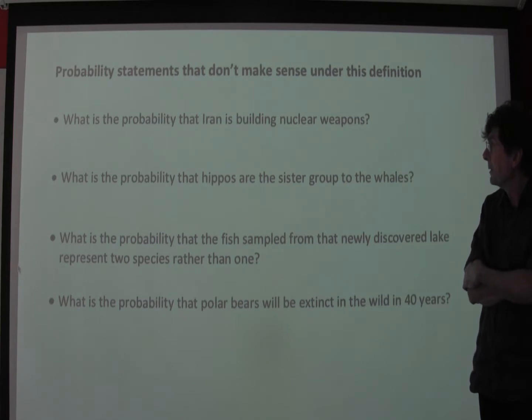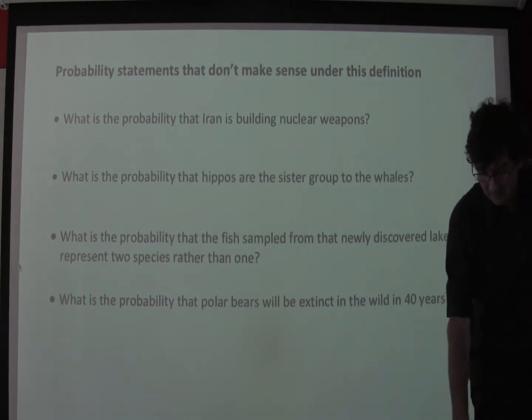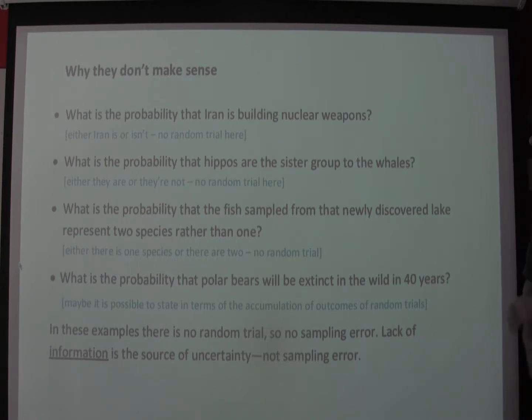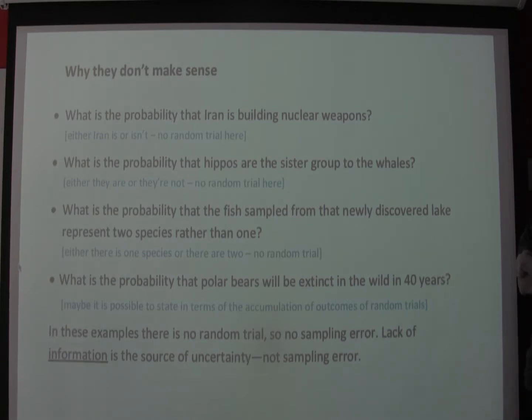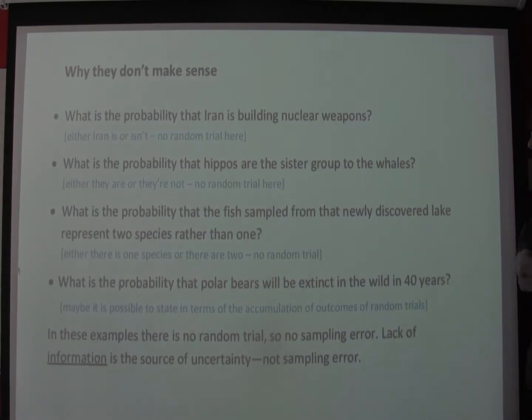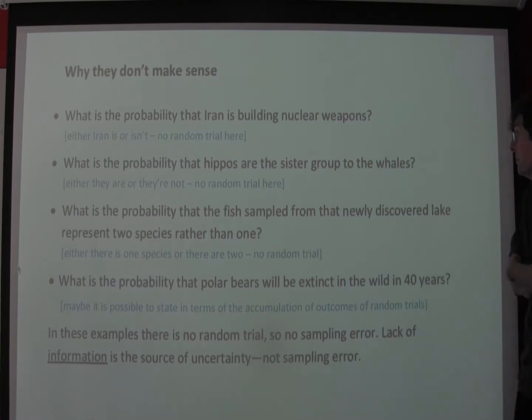Can we put the answer on a 0 to 1 scale in the same way that we can put long-run frequency? They don't make sense in the concept of probability that we use, because either Iran is building nuclear weapons or not. There are no random trials here. What's the probability the hippos are the sister group to the whales?